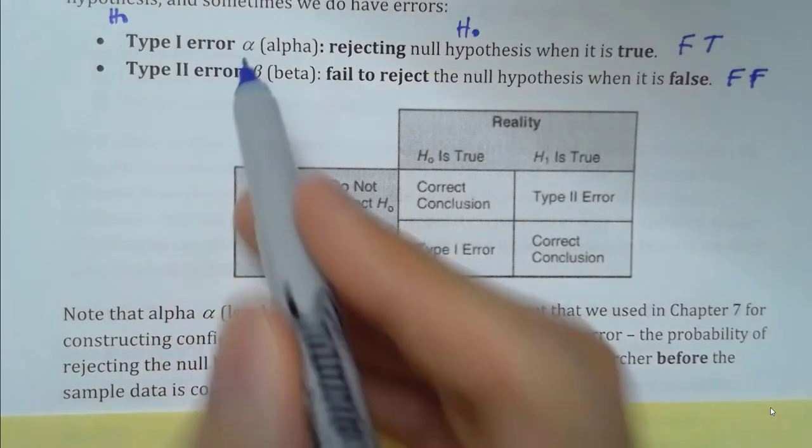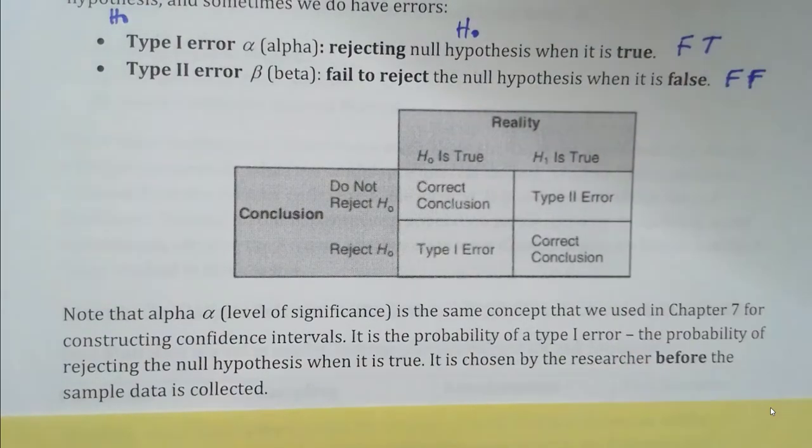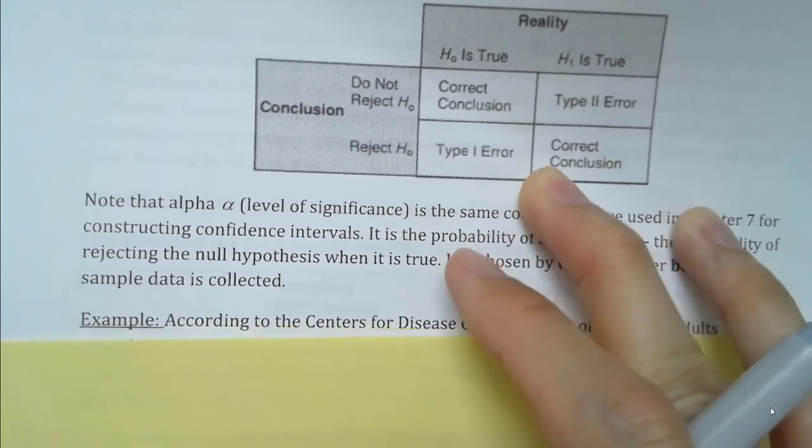And type 1 error is the probability of rejecting the null hypothesis when it is true. It is chosen by the researcher before the sample data is collected. So normally it's given for you.